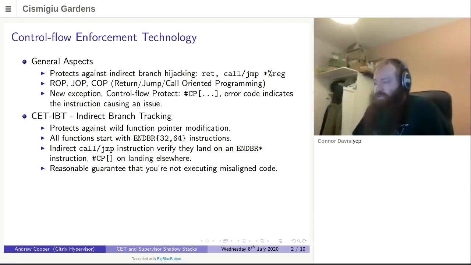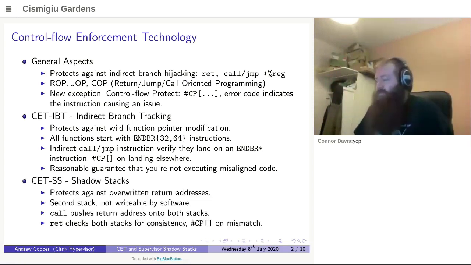The end branch instructions are 4 bytes long, which means you've got a 1 in 2 to the 32 chance of finding it randomly, traded off against the likelihood of finding a useful gadget following it. But that's one side. I'll mention it here. What we want to talk about is shadow stacks, which is what the rest of the presentation is on.